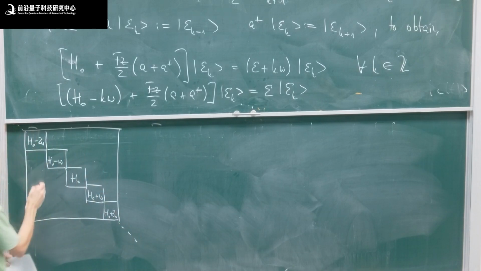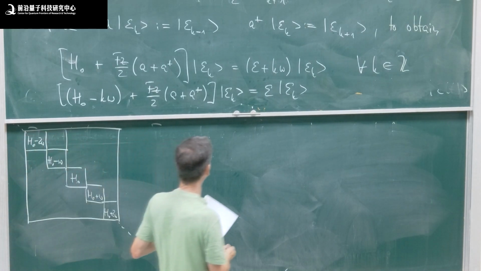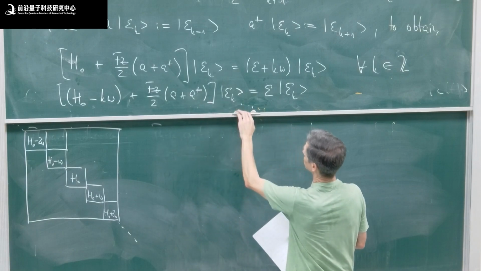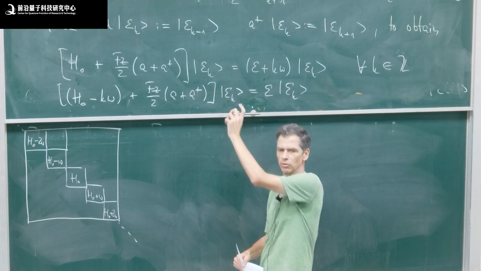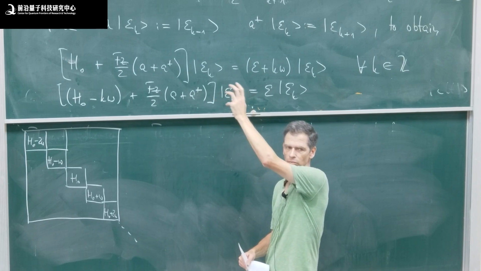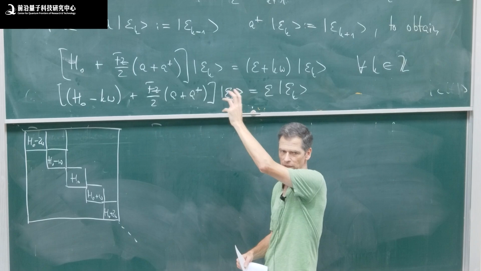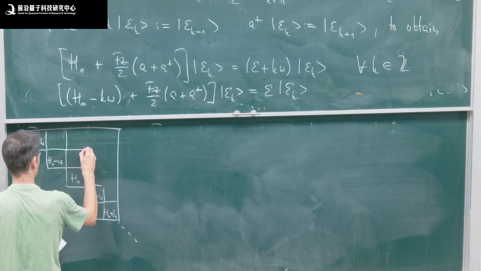So in principle, this goes from minus to plus infinity, right? And then you see that you only couple, by definition of A and A dagger, in k. You only couple to the nearest off diagonal, to the k plus or minus 1 off diagonal. So you only have these blocks filled here now.